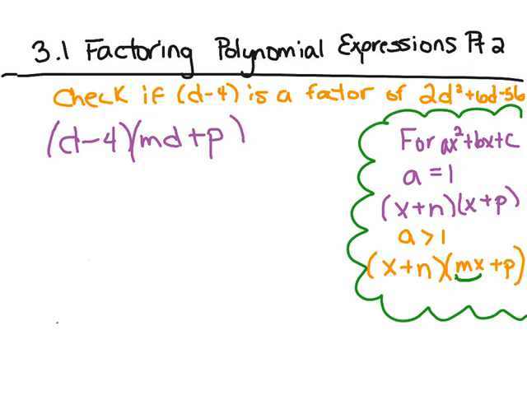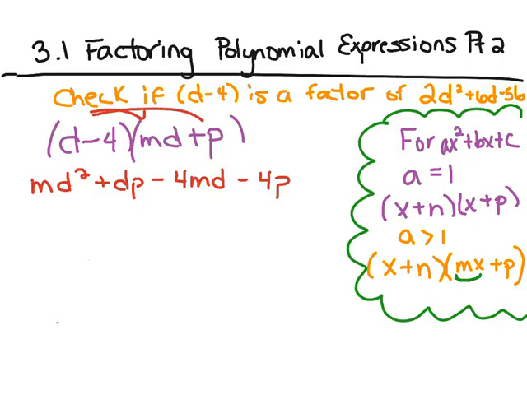We don't know what those numbers are, but we know that our d is the same as our x, and we want to find m and p. So we're going to multiply this out. So we have md squared plus dp minus 4md minus 4p.